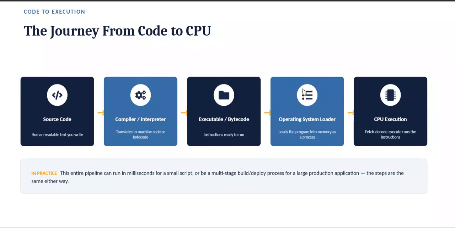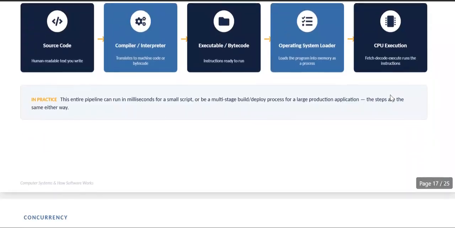So it is the duty of the operating system to load those programs into memory as a process, and then the CPU executes them. So your code gets interpreted, the bytecode or the executables are ready. When they are on, the operating system loads them into the CPU for processing. Now the CPU executes them.